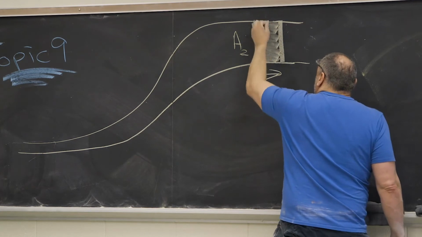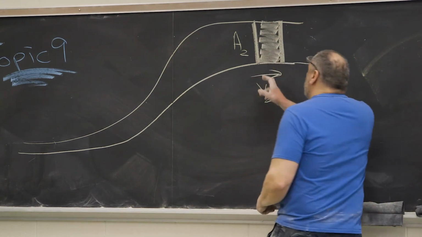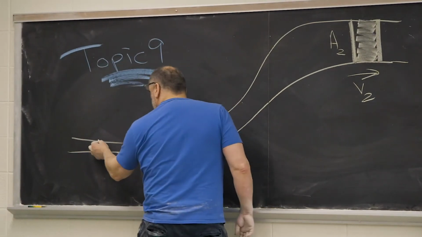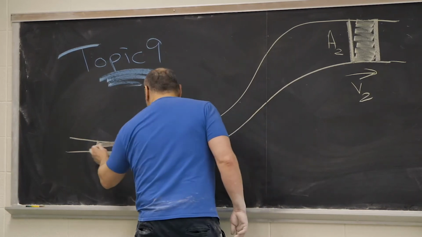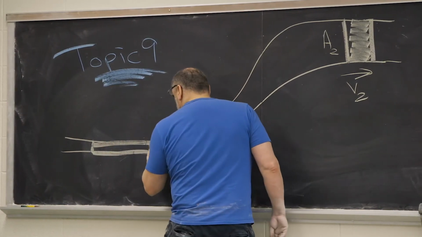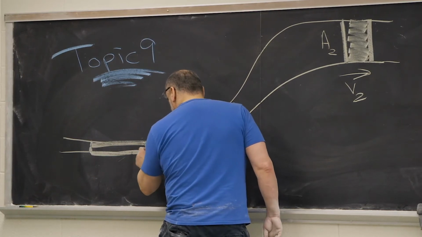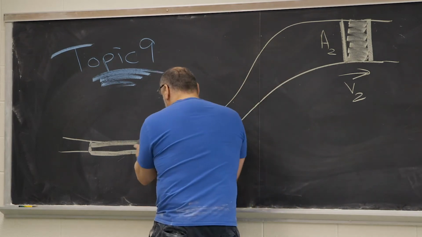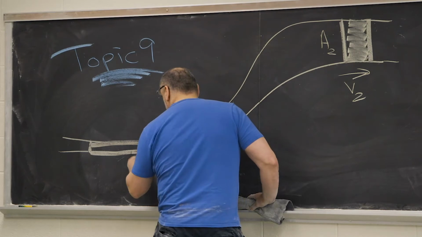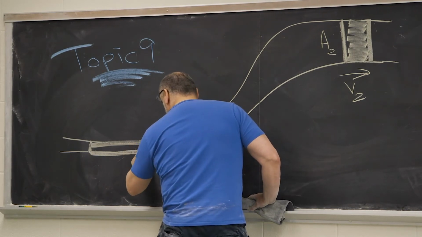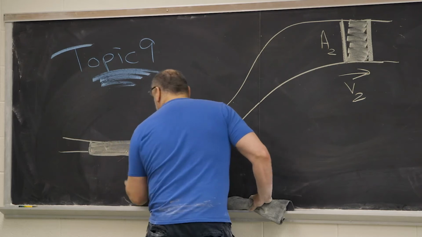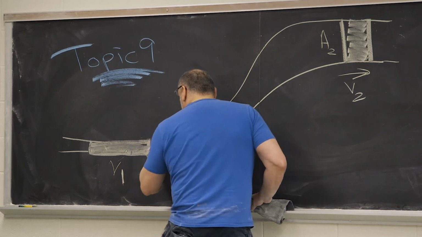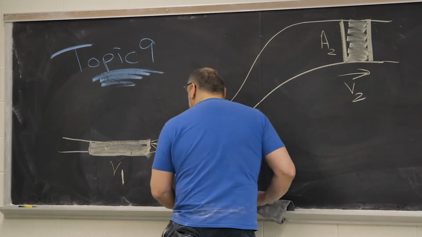So that volume in a given period of time, that much volume is flowing down here. The volume here of the water, the same volume is flowing at V1. This cross-sectional area is A1.